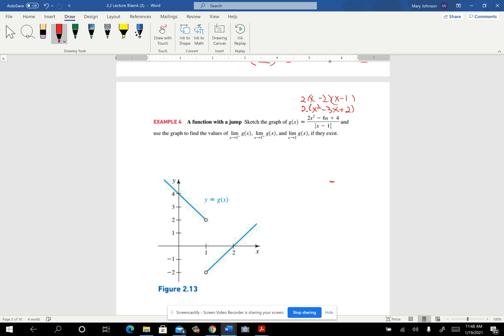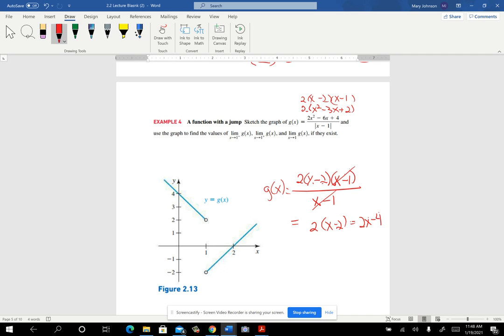Had it just been this, I'm going to go ahead and write the factored form. Without the absolute value, see how that common factor could be canceled out, and your function would have just been 2 times x minus 2, which is just the line y equals 2x minus 4.